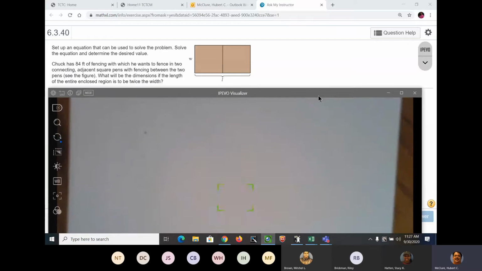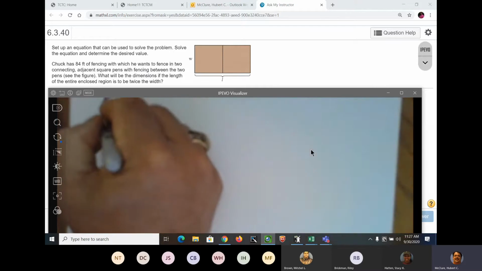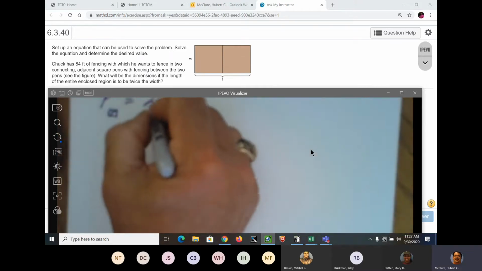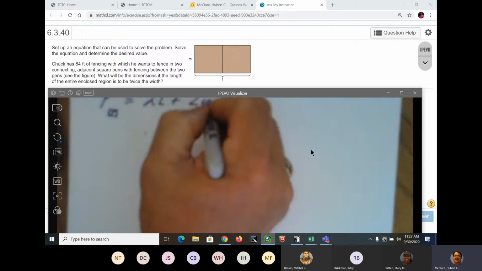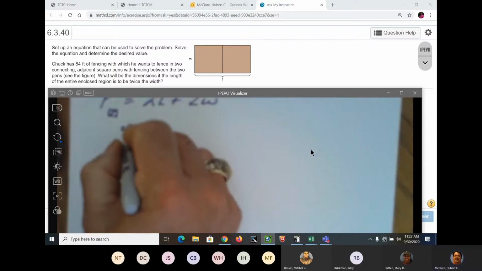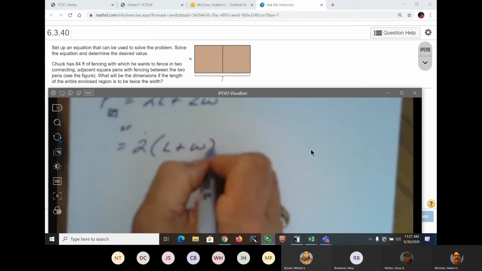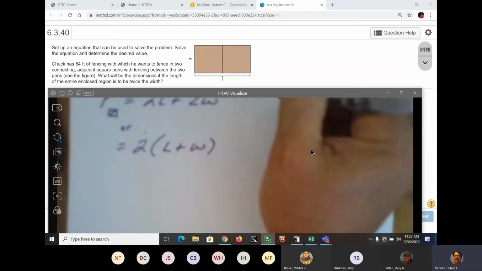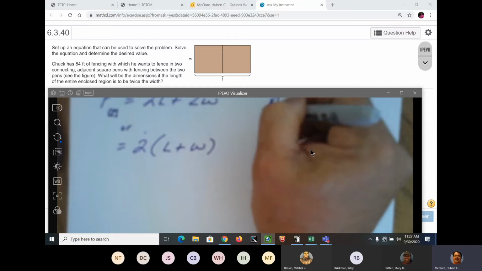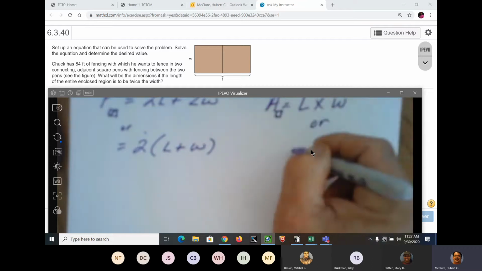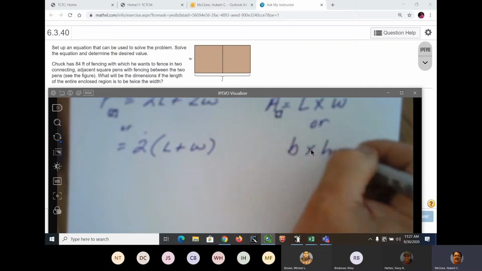All right, first of all, we got a rectangle. And when we do a rectangle, we know that the perimeter of a rectangle is equal to 2L plus 2W, or 2 times L plus W. And we know that the area is equal to length times width, or base times height.